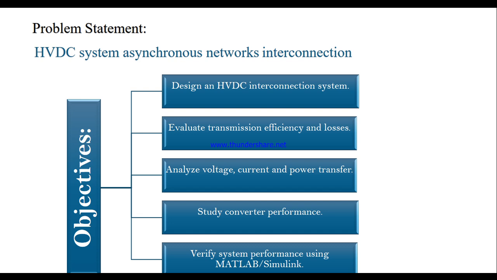We have two AC networks working at different frequency and voltage levels which cannot be directly synchronized, so we are going to use HVDC technology to provide power transfer between these two networks.